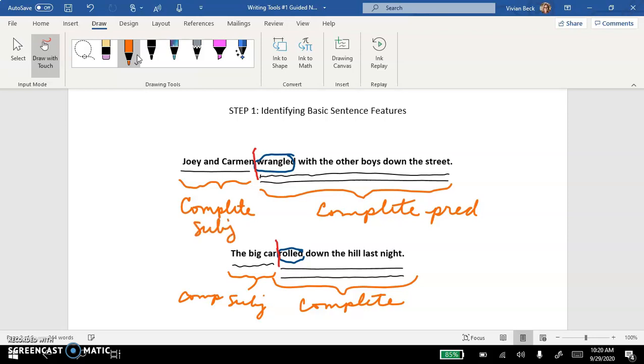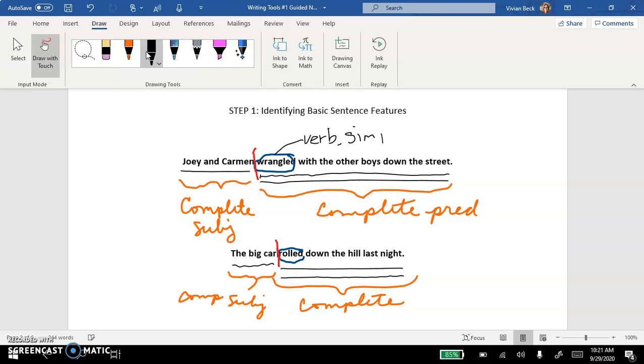And now we can look at this and remember our word that we circled first was the verb. It's the action. This is the verb. Another word, a synonymous reference to that, is the simple predicate.